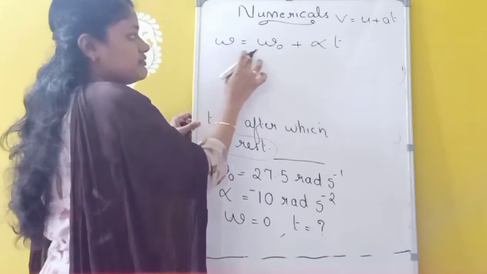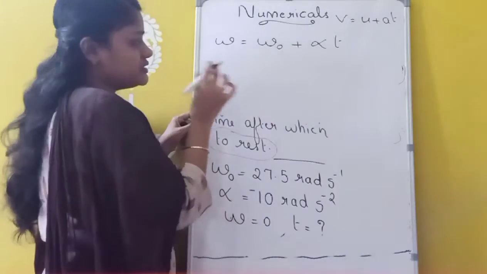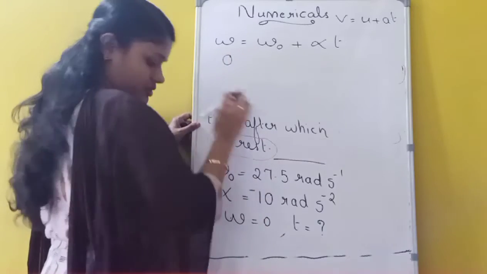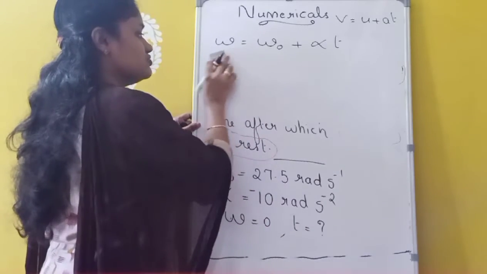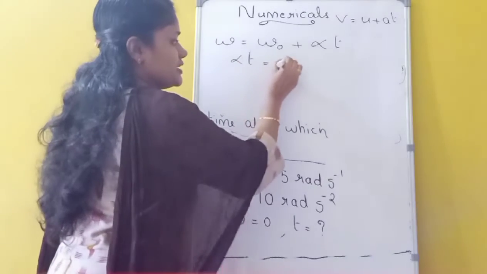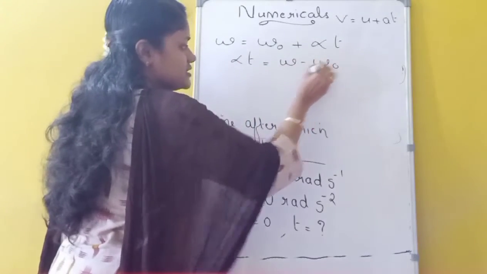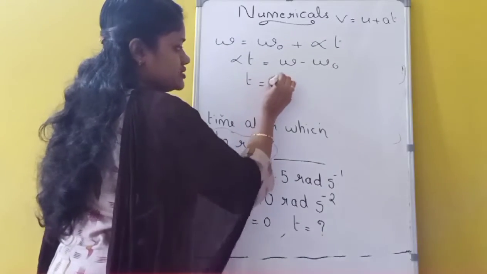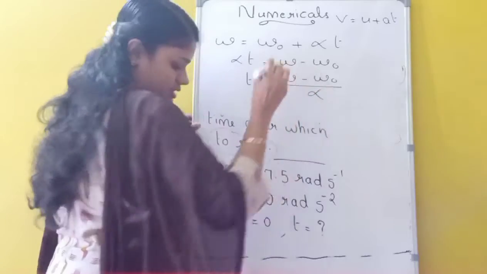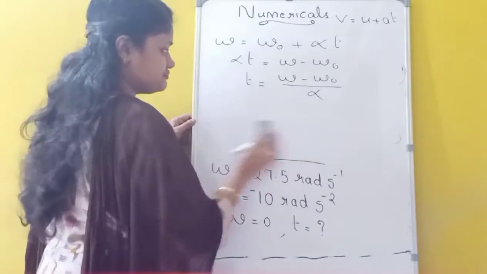Okay, so omega equals omega 0 plus alpha into t. From this we can first of all find the formula for t. So alpha t equals omega minus omega 0, or t can be written as omega minus omega 0 divided by alpha, and substitute the values.